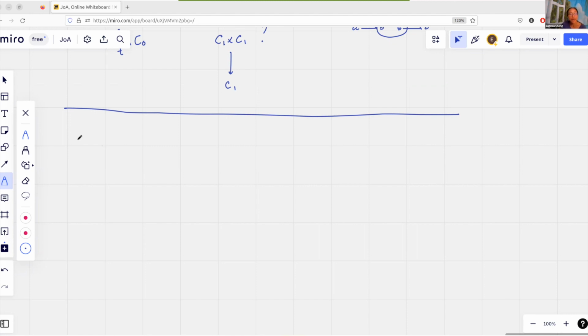When we're thinking about numbers, b to the power of a is b times b times b, a times. And so you can think of it as repeated multiplication.